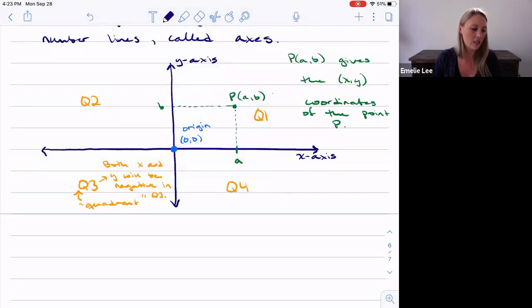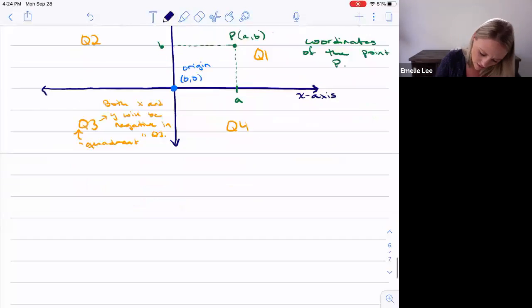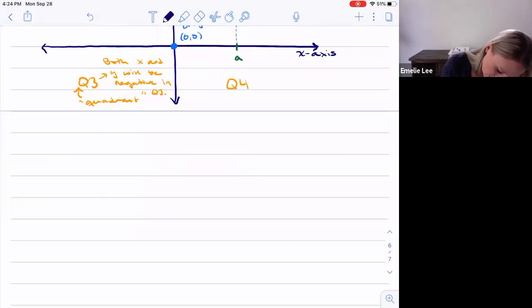So like I said, it's going to be really helpful to be able to recognize, if I give you an equation, a straight line. A straight line is just going to be if you have an x and a y and that's it. So no x squared or y cubed or anything weird like that. There's just an x and a y.